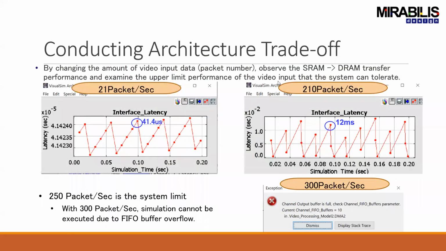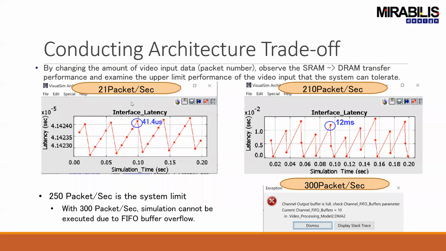Here we have done a use case analysis where we are doing an architecture trade-off study. What we wanted to identify was the maximum number of packets that can be sent through the interface. We tried changing the number of packets sent per second, starting with 21 packets per second, and we could see what latency was observed.